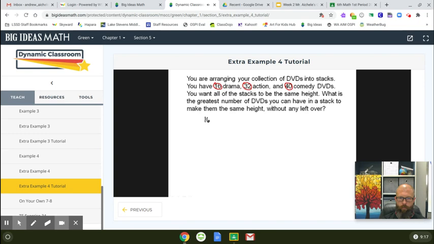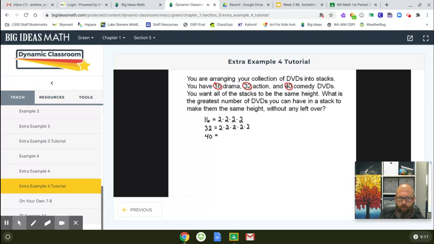The prime factorization of 32 is equal to 2 times 2 times 2 times 2 times 2. You can make a factor tree to find that. The prime factorization of 40 is equal to 2 times 2 times 2 times 5.